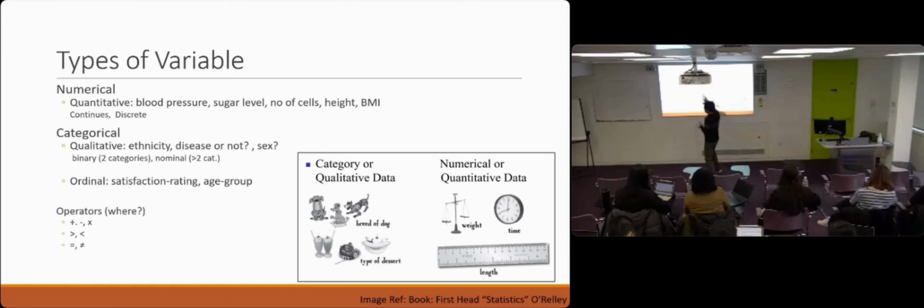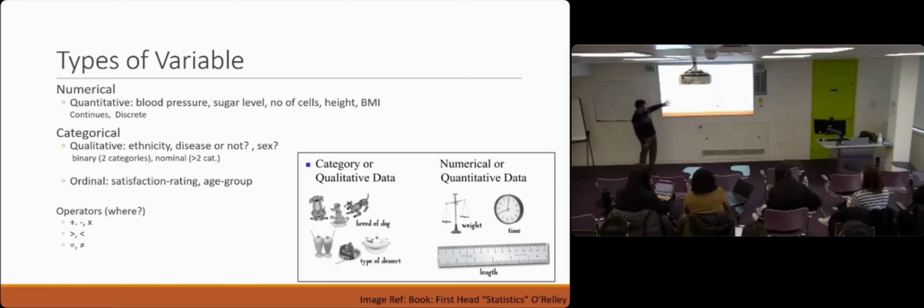So in categorical we have two kinds, numerical we have one, and there are different kinds of operations that we can perform, and this decides which kind of statistics you can apply on them. So can we add them, can we subtract them, can we compare them, like this. So let's see, plus, minus, and multiplication. Can we do it for quantitative numbers?